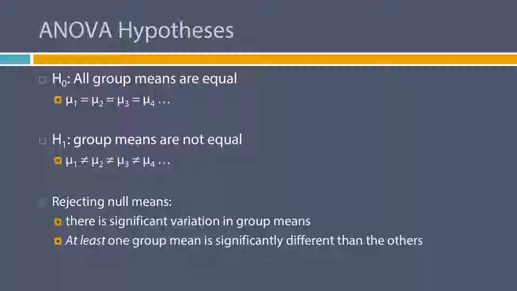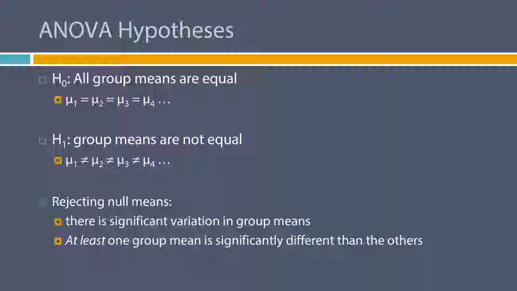So what the F-test really does is it says that if we find a huge difference between the groups, it just says that at least one of these groups is hugely different than everybody else. It could be that two groups are different than everybody else, but what it's showing us is that there's at least one group that's different. We can talk about this in class at a later date, but there are tests called post hoc tests that will allow us to see which group is holding the relationship.